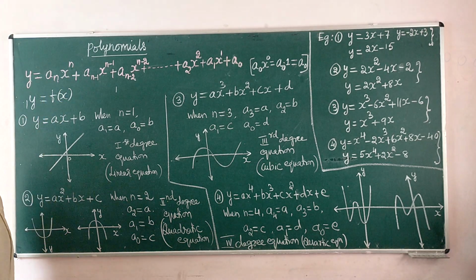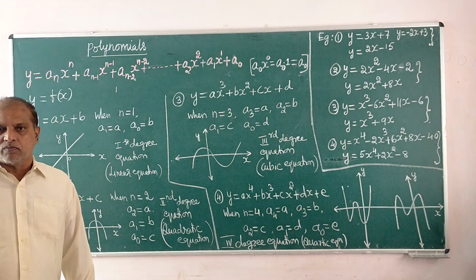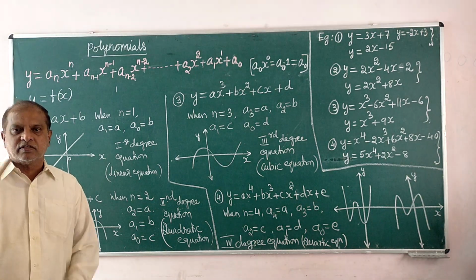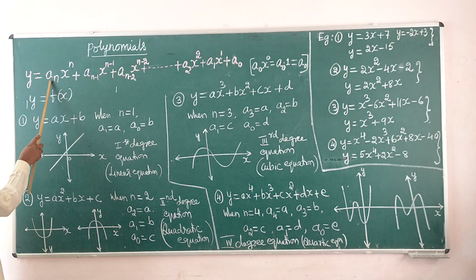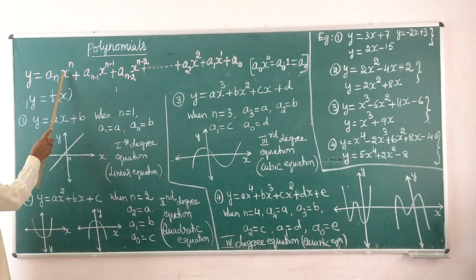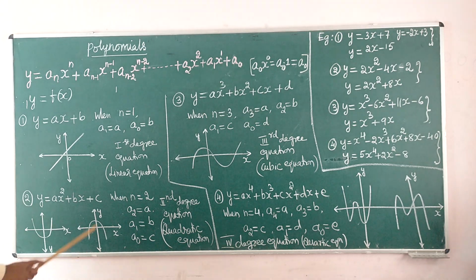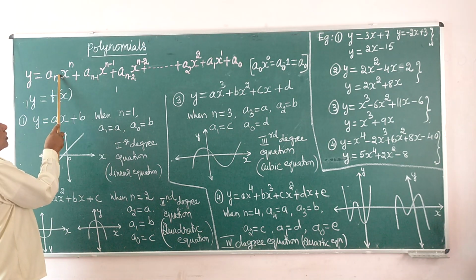What is a real number? A real number may be a positive value or negative value. It may be an integer or a fraction. Fraction means less than 1 or more than 1. So a_n is a real value, the coefficient of this variable. This variable has an exponent. The product of these two is the first term.